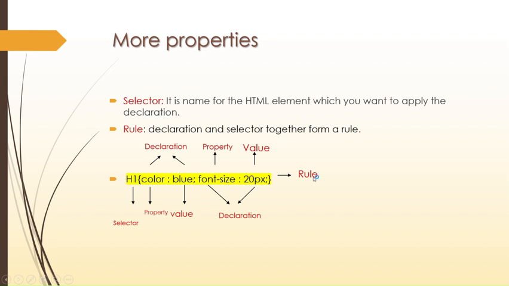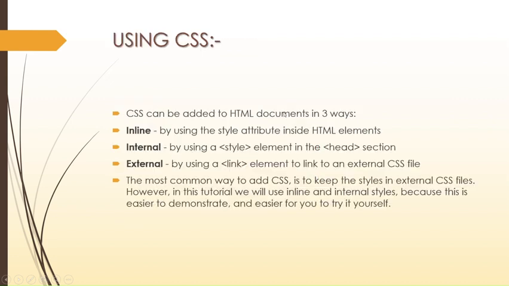Next, how to use CSS? There are three ways to use CSS: the first one is inline, the second one is internal, and the third one is external. Do you know what inline is? By using the style attribute inside HTML elements, like in a rule form.